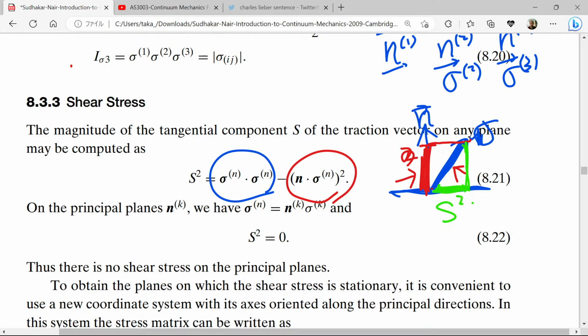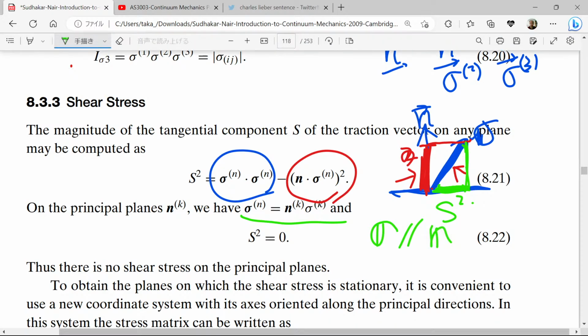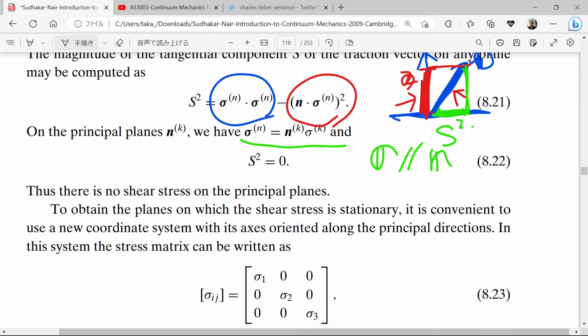On the principal planes, we have this. In a principal plane, the tangential component is 0 because the sigma vector is parallel to the normal vector. Thus, there is no shear stress on the principal planes.